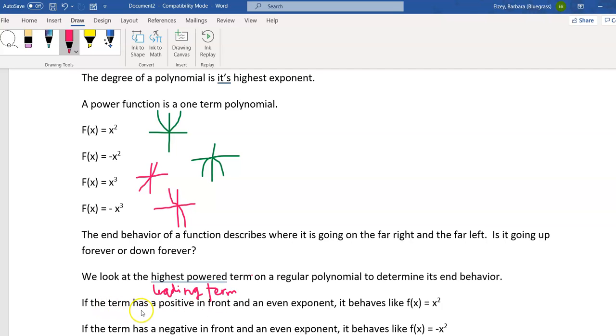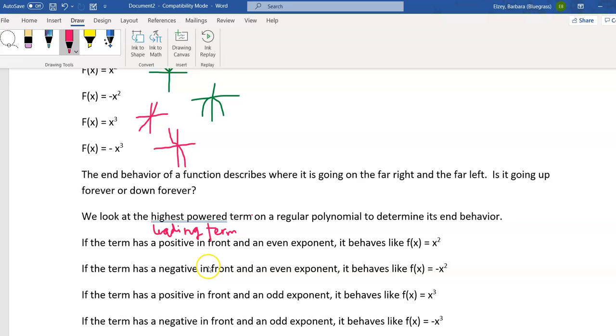If the term has a positive number in front and an even exponent, like x squared, it's going to behave like x squared. In other words, both its left and its right-hand side are going to be going up forever. If it has a negative in front of it and an even exponent, like negative x squared, it's going to behave like negative x squared. Both the left and the right side will be going down.